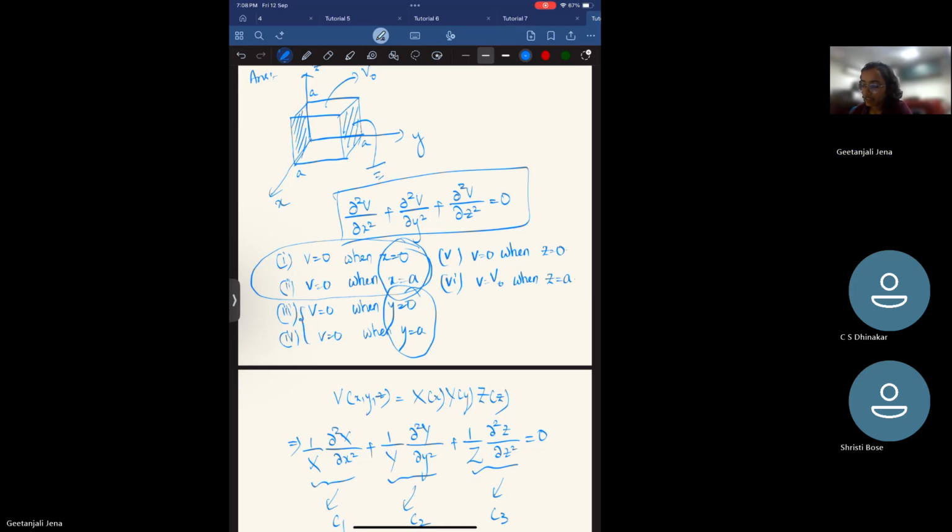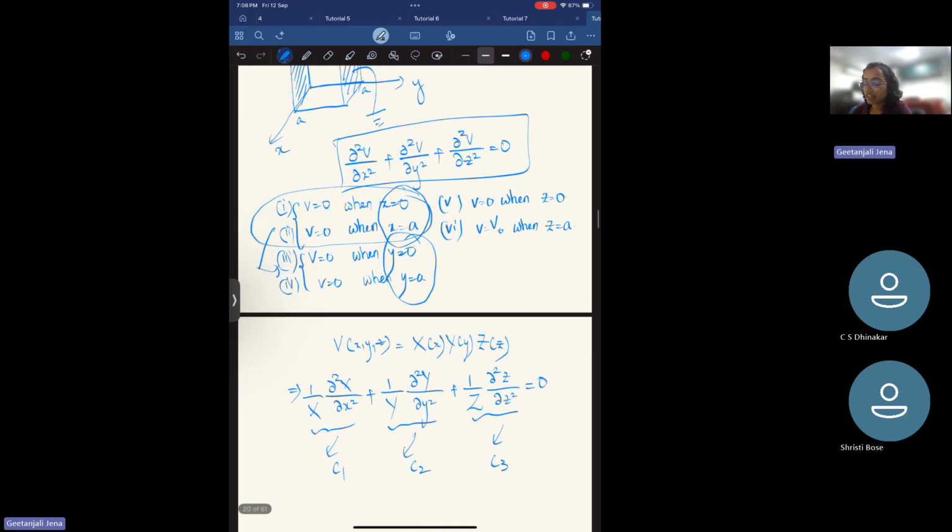At the boundary, the potential should vanish. This is only possible when you have a sinusoidal function, right? Only then can you get zero values at the boundary. But if you take a positive value here, you will get an exponential function, which is never zero at both boundaries.